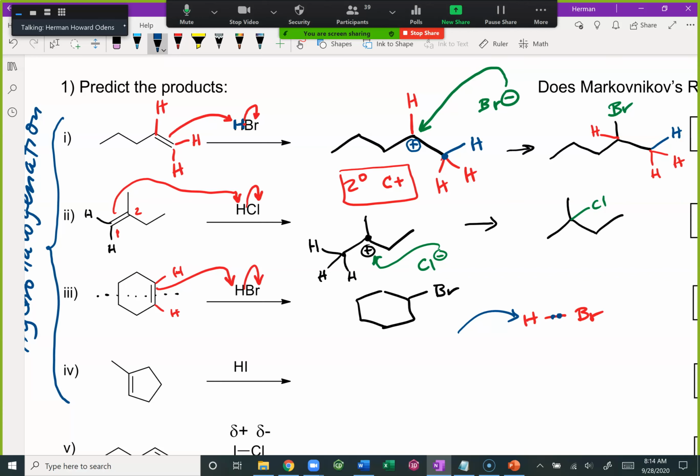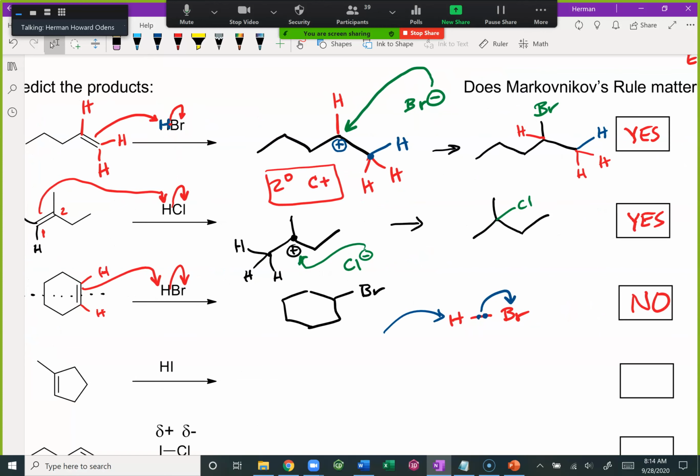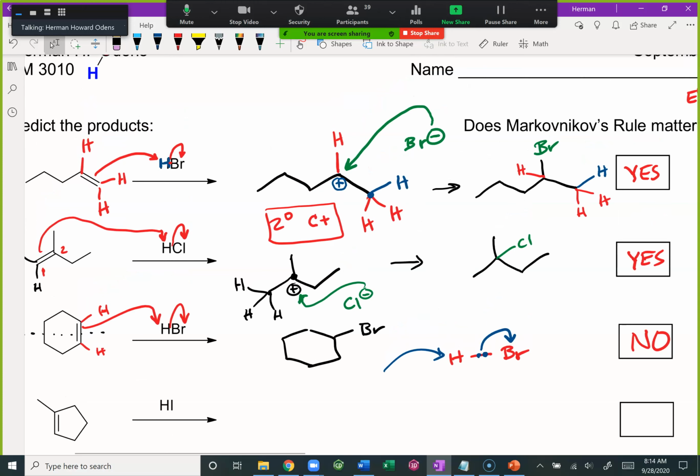When this is taken, these 2 electrons are transferred to the bromine. And that's why the bromine, in this case right here, will have 8 electrons around it, and then it can do a nucleophilic attack.